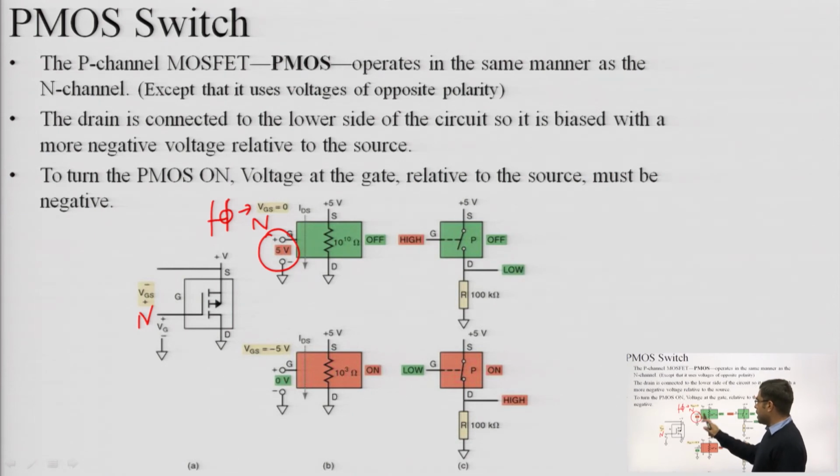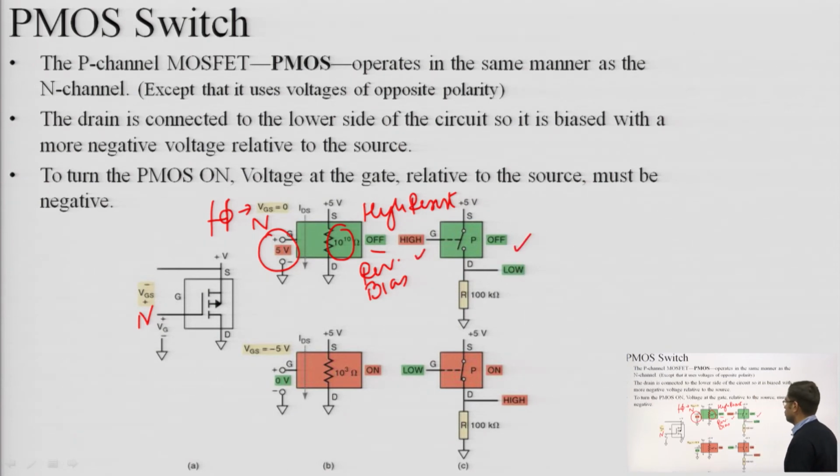If you are applying a high voltage to the N side, again high resistance due to reverse bias will be generated. That's why it will be off. That means if we apply a high gate voltage, the output will be off. Okay.